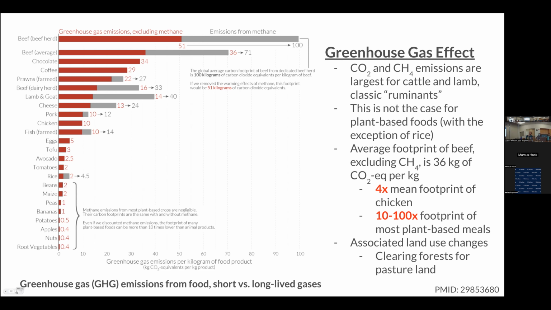Chocolate, for example, I was pretty surprised to see that high up. Rice is up there too. That's because it's grown in, I think, fields that are wet and release a lot of methane. So there are some vegetable options and non-meat options that are contributing to the effect as well.